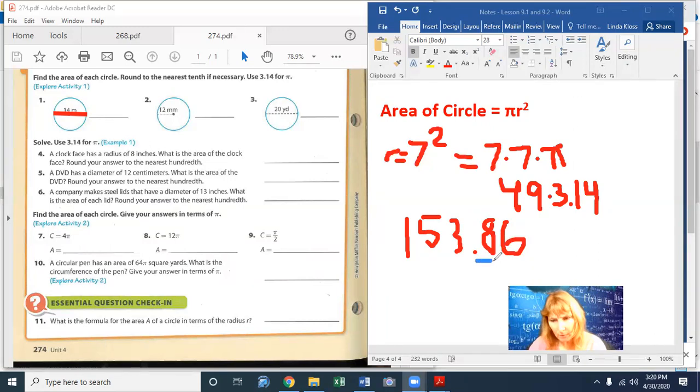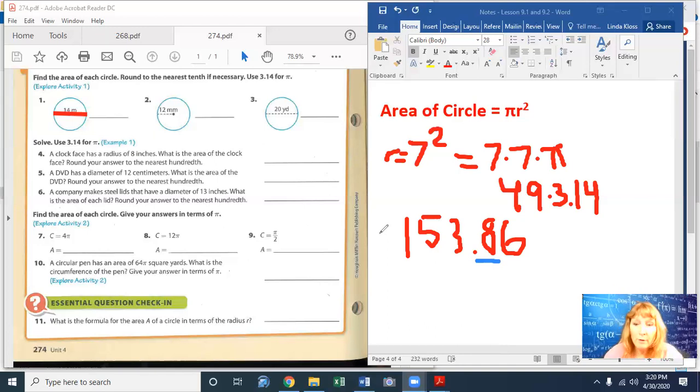That's the 8 right here. So we want to look at the number next door. If it's 5 or more, we have to go up 1, right? So this happens to be 5 or more. It's 6. So now the 8 is going to change into a 9, and then the 6 is going to drop off.